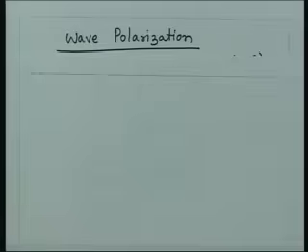We are investigating one of the very important aspects of a transverse electromagnetic wave, and that is the wave polarization. We define the wave polarization as the behavior of the electric field vector as a function of time at any point in space.